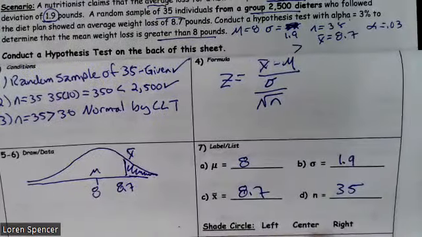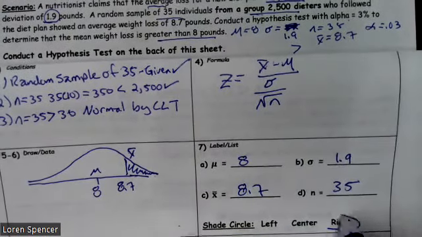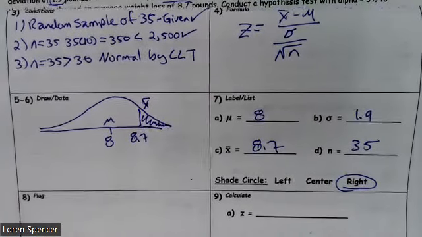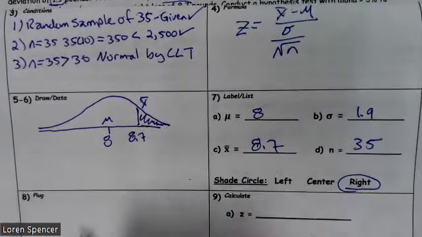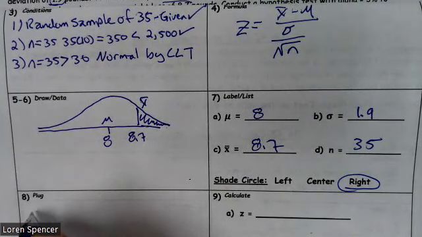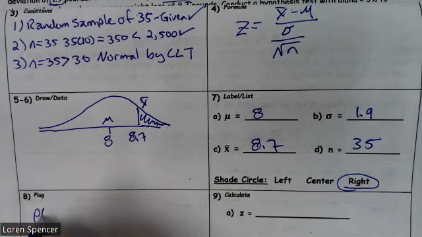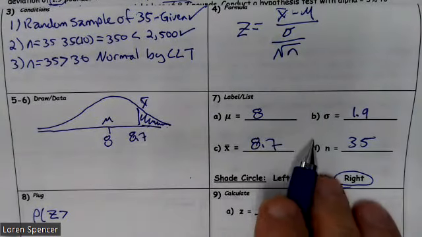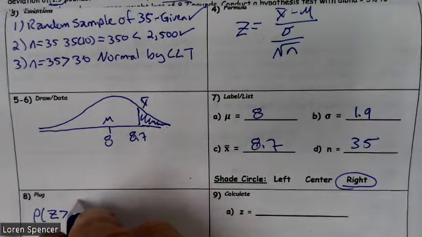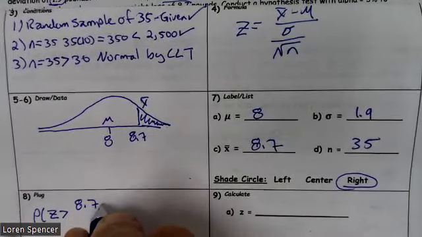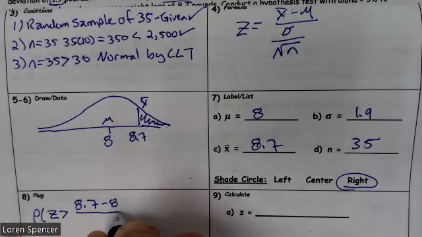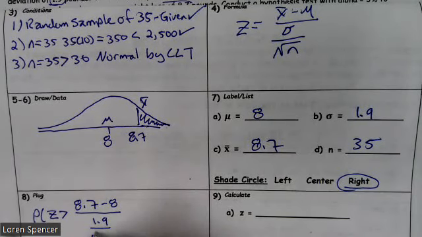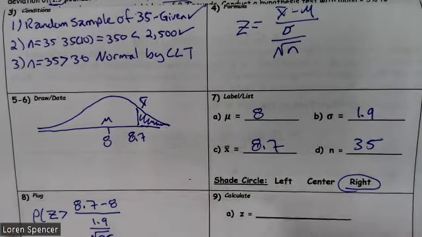And when we look at our shading, we shade it up and to the right. Now we plug into our formula. We want the probability that Z is greater than 8.7 minus 8 over 1.9 divided by the square root of 35.